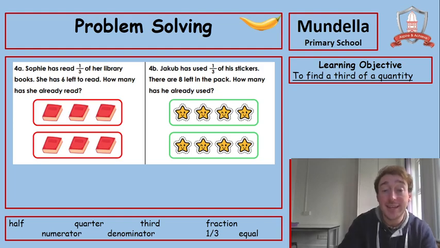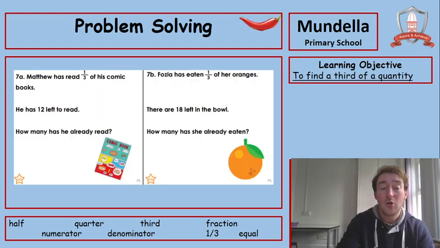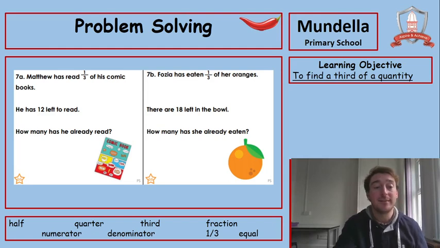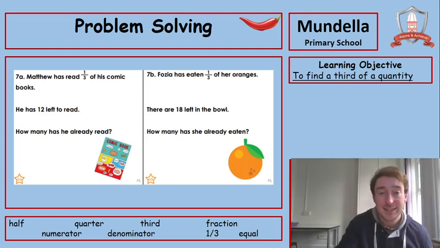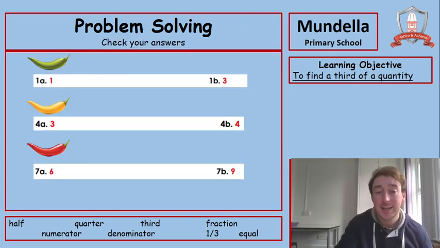If you want to try the yellow chili problem solving questions, pause the video now. Or if you want to try the red chili problem solving questions, pause the video now. And then we'll have a little look at some answers in 3, 2, 1.